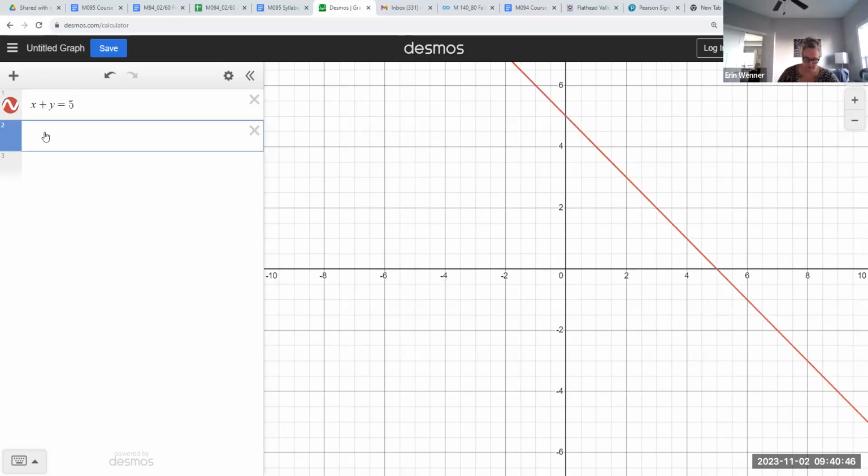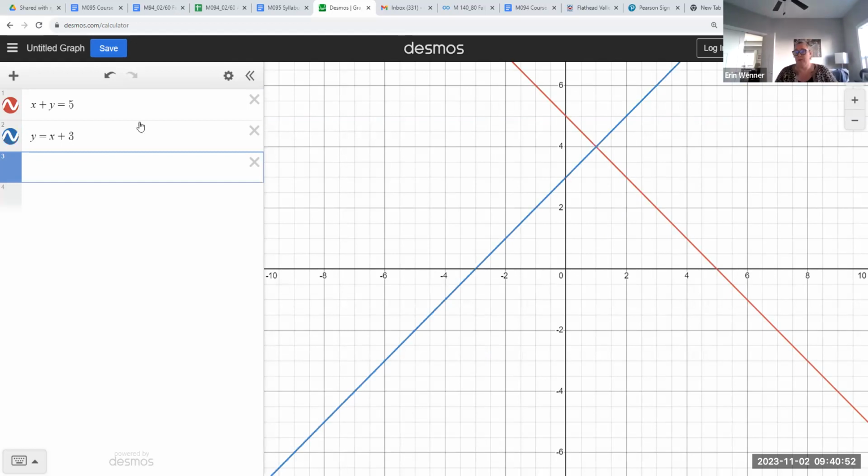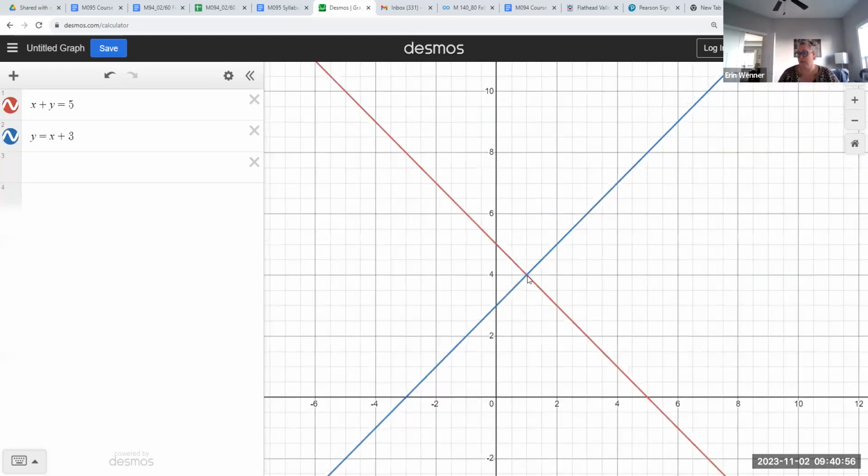And then if I graph the second one, y equals x plus 3, I'm going to be looking for the point where the red line and the blue line intersect, which is this point right here. If I hover over it, I can see that the intersection there is the point 1, 4, which matches what I got algebraically, and so I know that I solved this correctly.